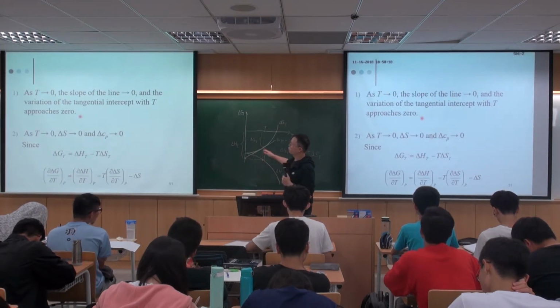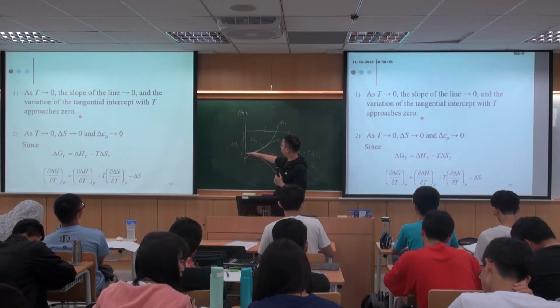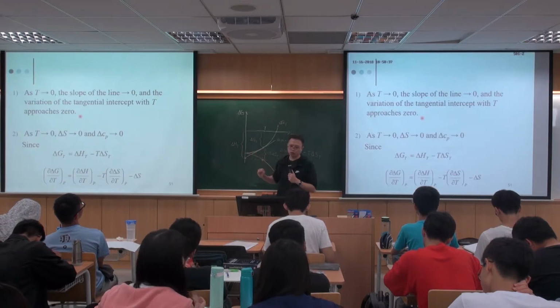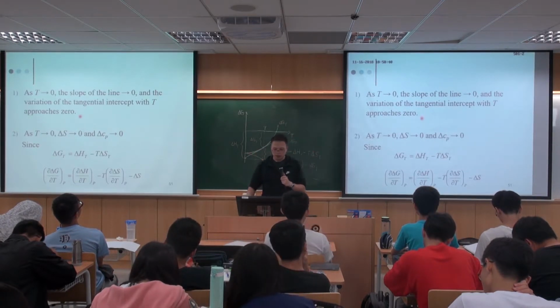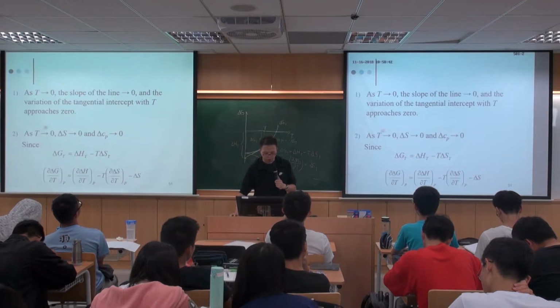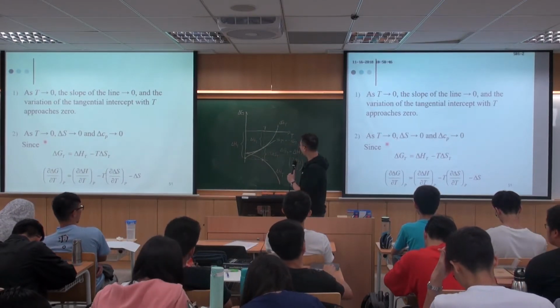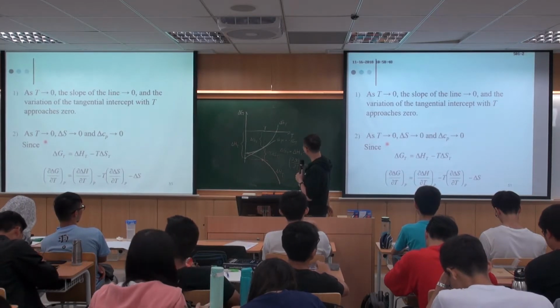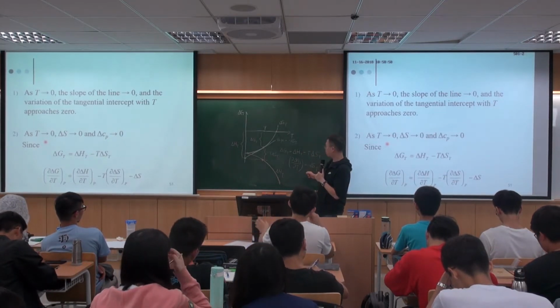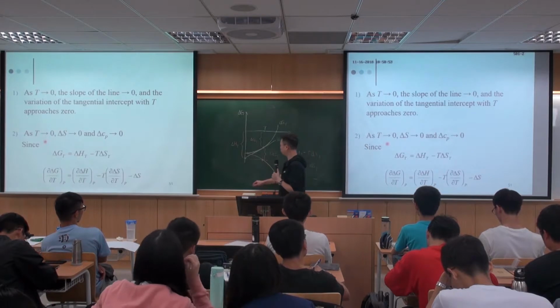As temperature is going to 0, the slopes of these two lines are both approaching zeros. And therefore, when T is approaching 0, we should know that delta S is approaching 0, right? Because we know that this is approaching 0.